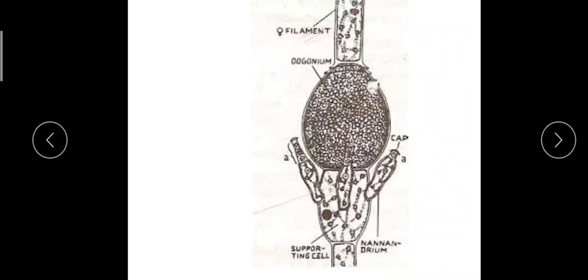Then they are surrounded by a mucilaginous sheath, and they form their own walls also. These zoospores, after disintegration of this vesicle, germinate to form vegetative filaments. So this is all about sexual reproduction in Oedogonium.